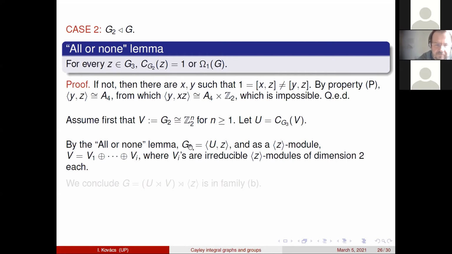And because of that, you can write G3 generated by U and Z, which acts fixed point freely on this elementary abelian group. And because of that, you can decompose V as Sylow subgroups. And we conclude that you precisely know the action of Z on V. And because of that, you just conclude that in this case the group is in family B.